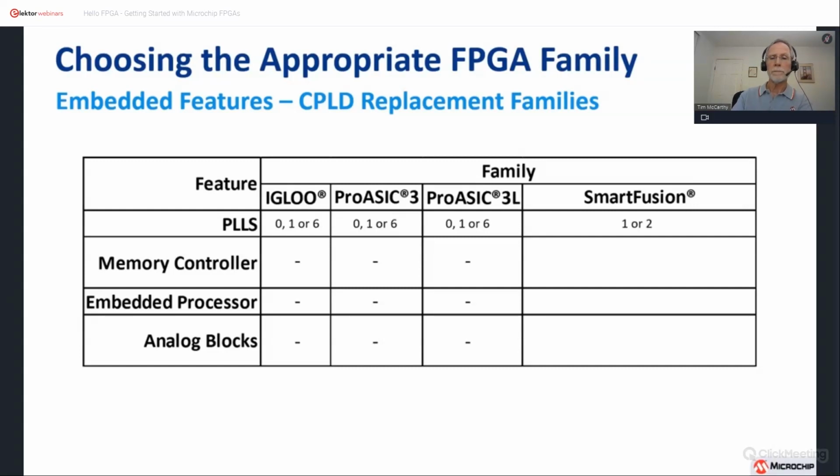The SmartFusion SoC FPGA family has 1 or 2 PLLs, a hard external memory controller that supports synchronous SRAM, pseudostatic SRAM or PSRAM, and NOR flash memories, a 100 MHz ARM Cortex-M3 microcontroller and peripherals, and analog blocks containing 2 or 3 analog to digital and digital to analog converters.